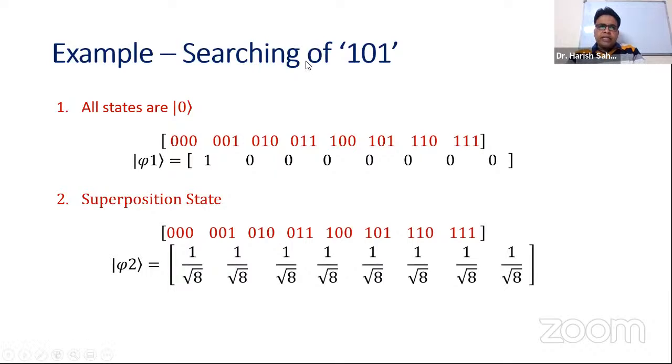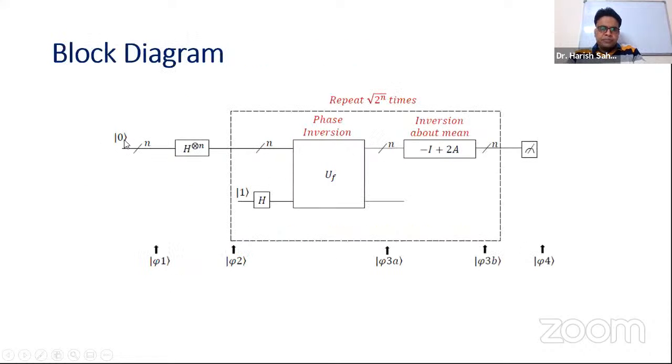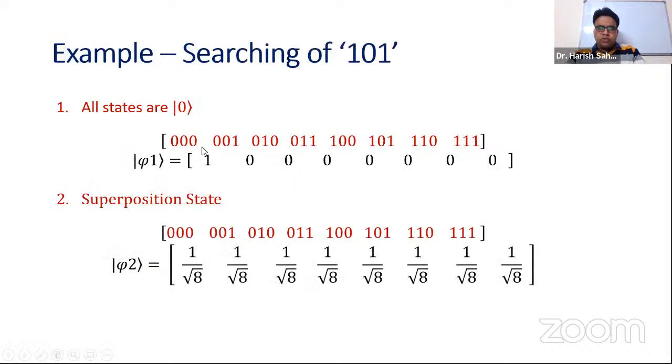Initially all 3 qubits are in 0 state, so we have amplitude 1 for the state 000, and the rest of the states are not there. I am talking about this point. Is it clear? At this point all 3 qubits are in 0 state, so the amplitude of 000 is 1 and other states are not there. Is it clear?